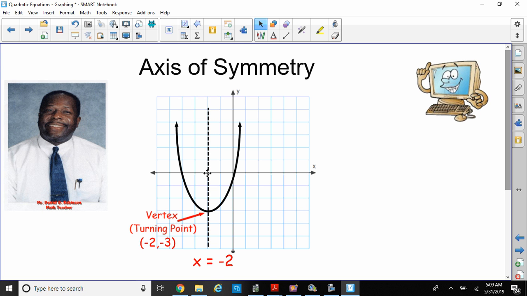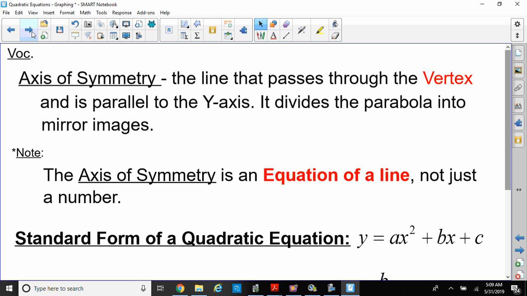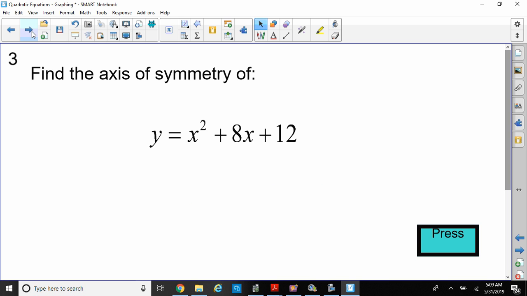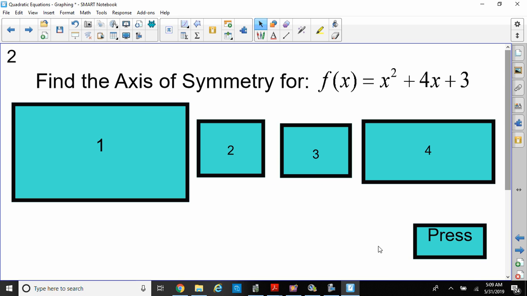So check out my video on graphing those vertical and horizontal lines. So let's go back and let's see. So x was equal to -2. So that was good to see. So we saw the graph of that as well.